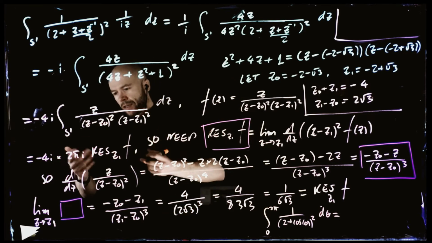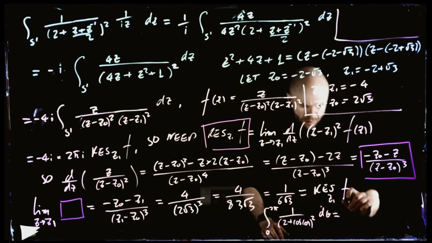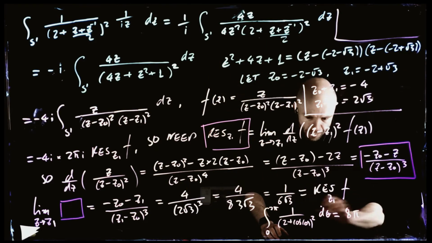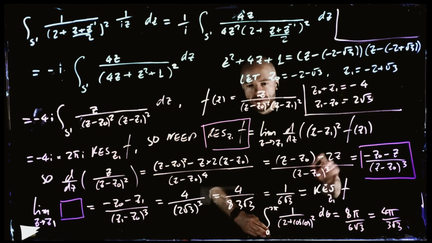I squared is minus 1, so it's going to be 8 pi times this thing, right? So it's going to be 8 pi times 6 over root 3, so that's going to be 4 pi over 3 root 3, and that's the answer.